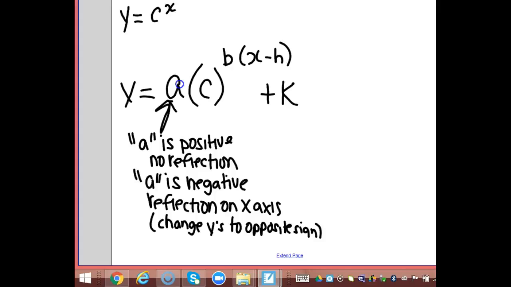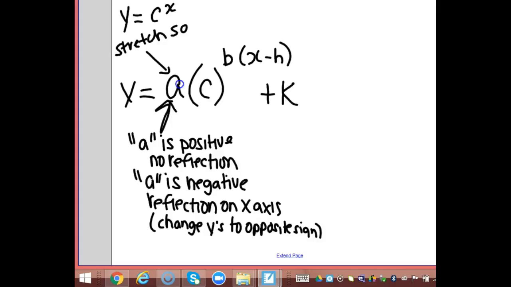And remember, A is also a stretch. So if A is 3, then all your y's are 3 times as much as they were before because your picture is stretching. And if A is a half, then your y points are half as big as they were before. Okay, so this negative and positive only refers to the sign in front of A, right? And A is a stretch.